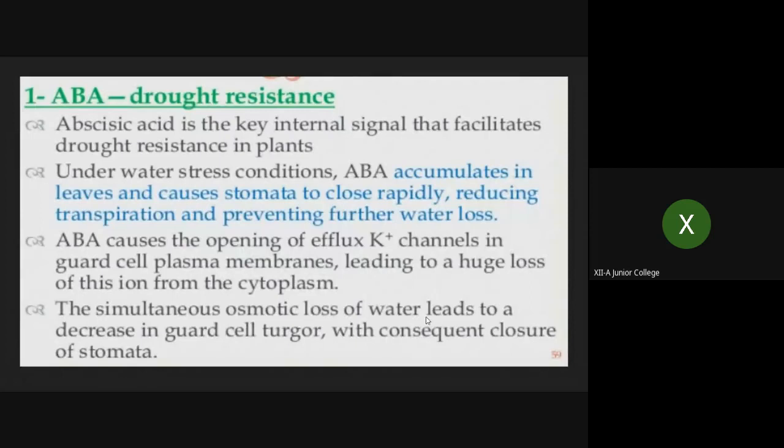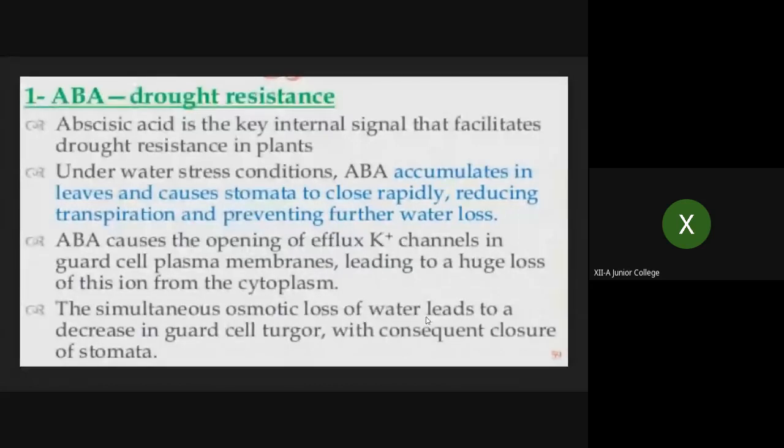Because of the application of abscisic acid, or because it is naturally present, closing of the stomata takes place. What happens by closing of the stomata? The water present in the plant body will remain in the plant and will not go away. Transpiration will not take place, the loss of water is reduced, and that water can be used by the plant. So it is the key internal signal that facilitates drought resistance in plants.